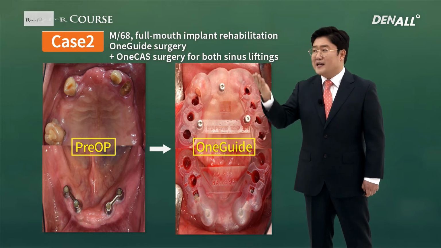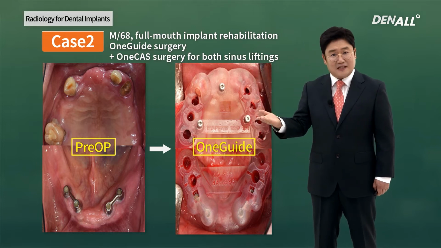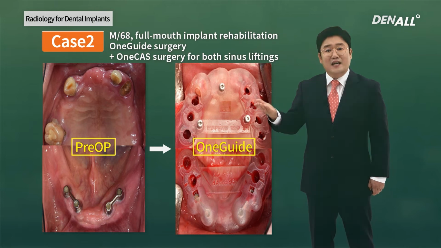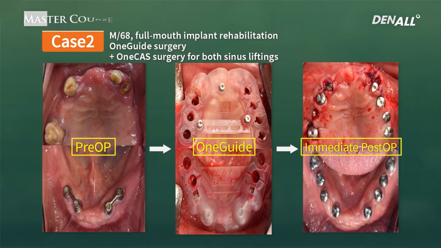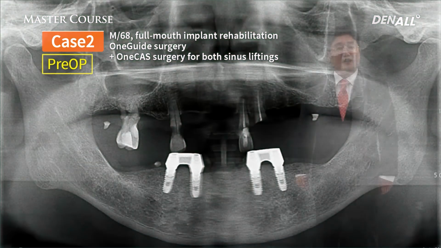So this is the key to the guided surgery. Using the template holes, drillings will be guided and the implants will be placed. The initial stability was good, so healing abutments are connected. In most clinical cases, healing abutments are connected.